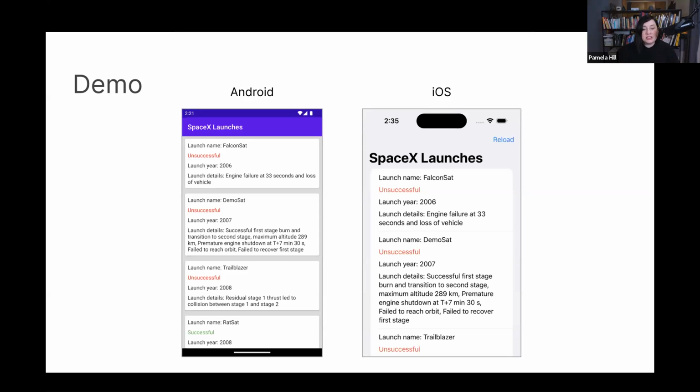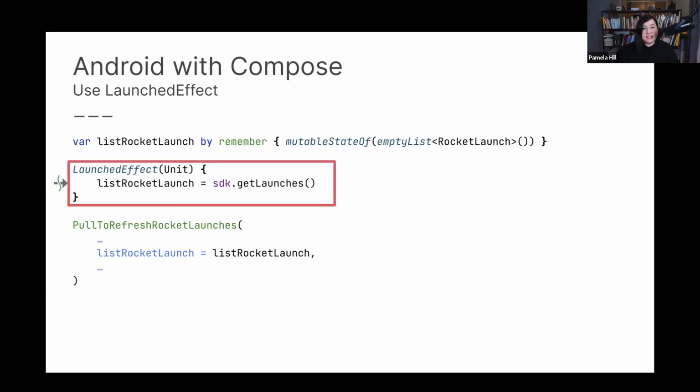This is a potentially long-running operation, so we have to mark this getting of the launches, this web service call, as a suspend function. You can see here, there's this SDK.getLaunches, and that is a suspend function.